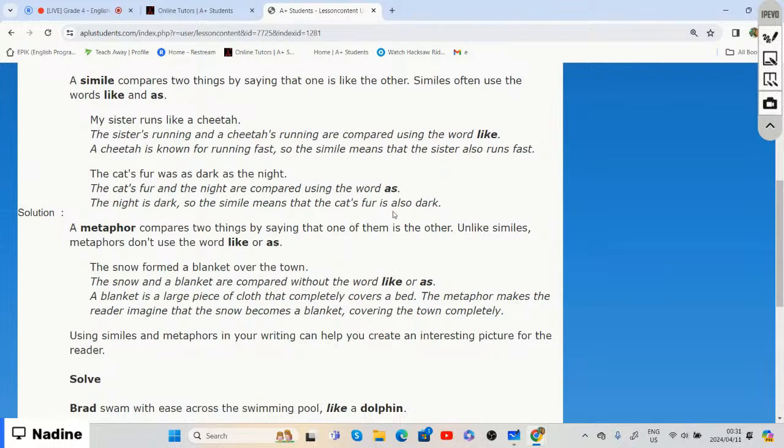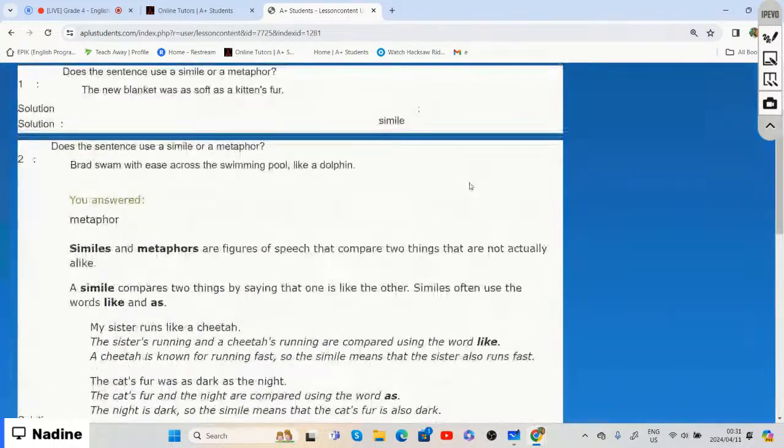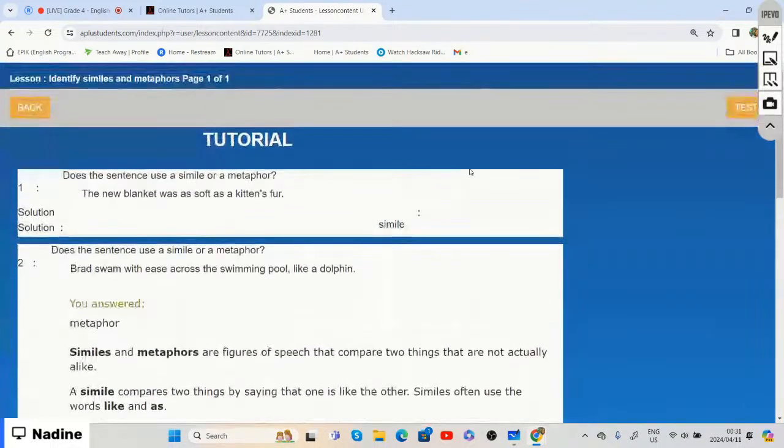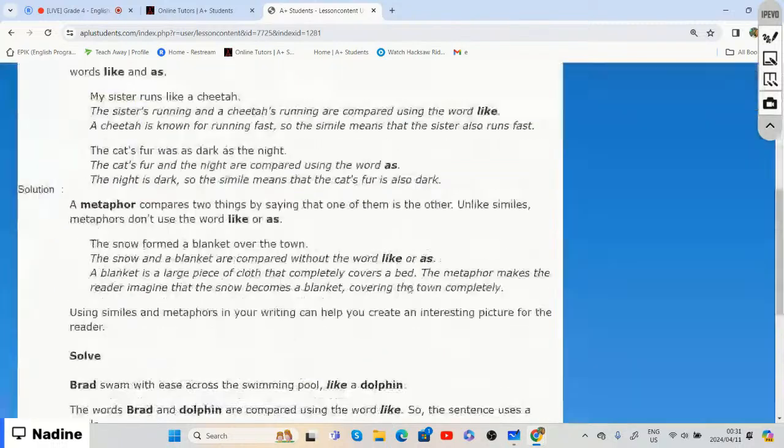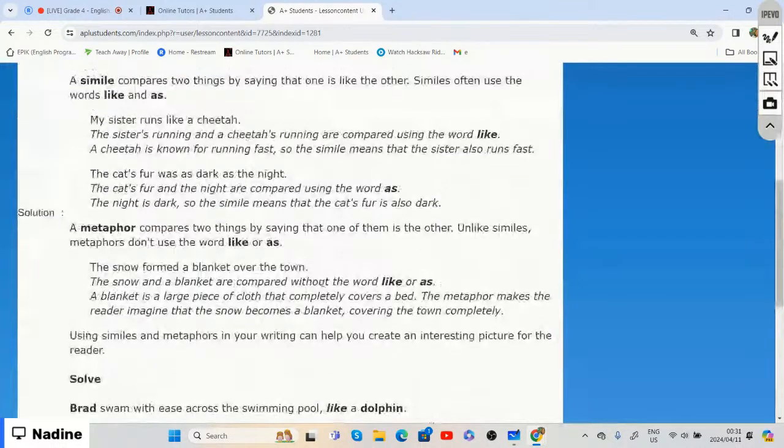All right. So here we have identified the similes as well as the metaphors. The metaphor compares two things by saying that one of them is the other.